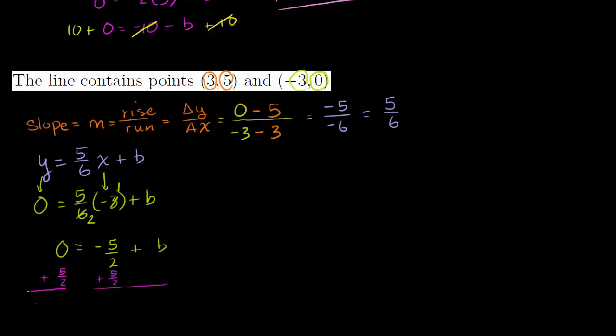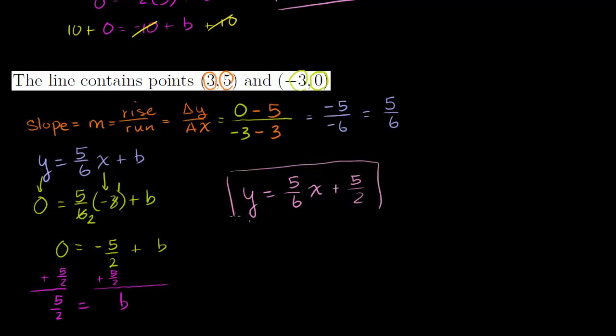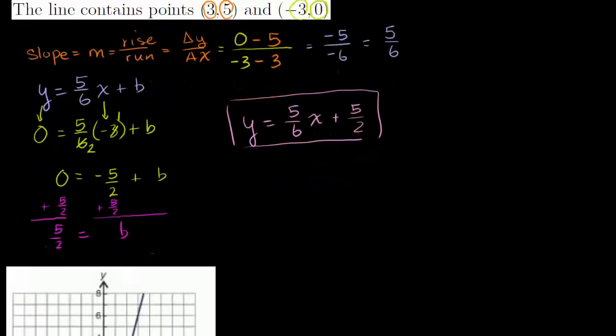And so the equation becomes 5 halves is equal to b. b is 5 halves. So the equation of our line is y is equal to 5/6x plus b, which we just figured out is 5 halves. And we are done. Let's do another one.